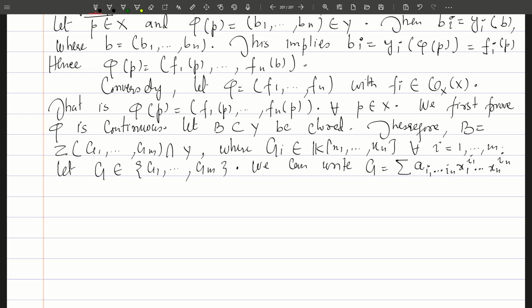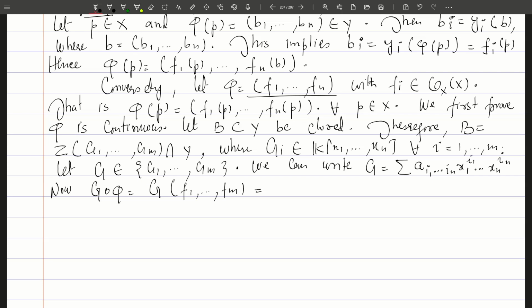So now let us look at the function G composite phi. So G composite phi is actually G, and phi is given by this n tuple, so this is f1 up to fn. Now G evaluated at this n tuple is actually a polynomial in these fi's.